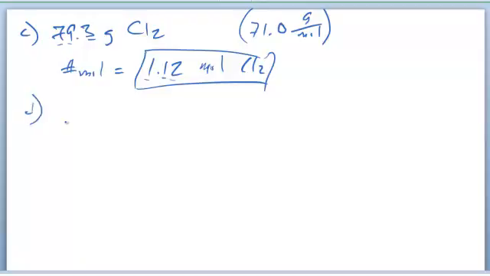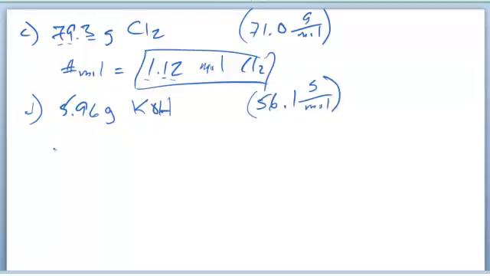D. It says 5.96 grams of potassium hydroxide. The molar mass of potassium hydroxide that I got was 56.1 grams per mole.